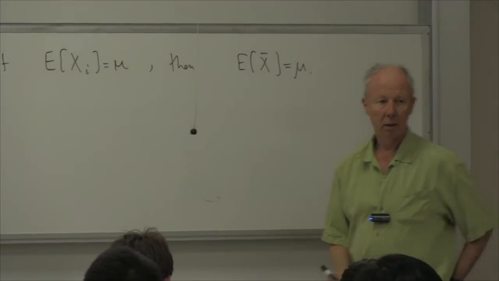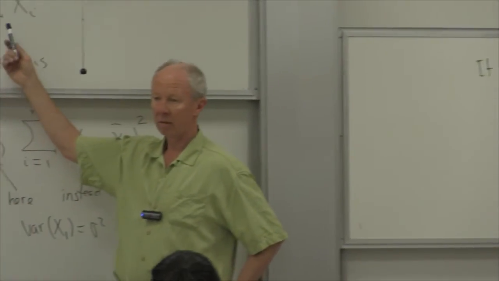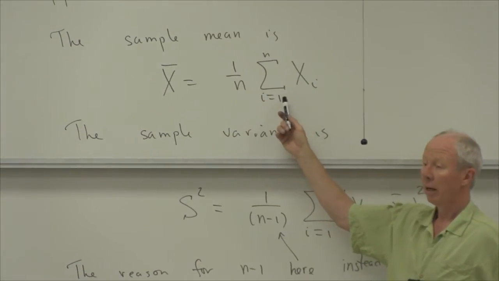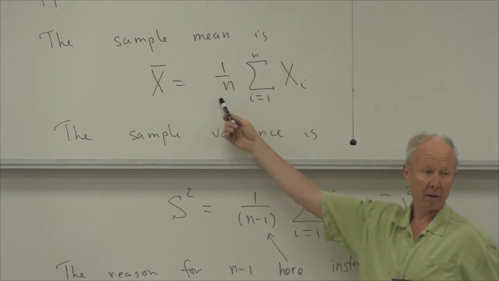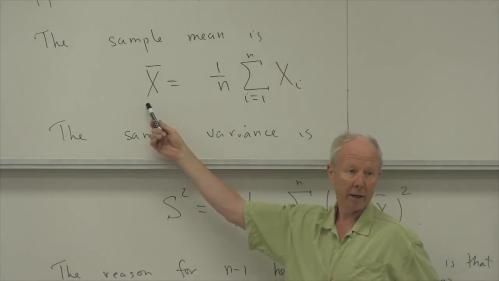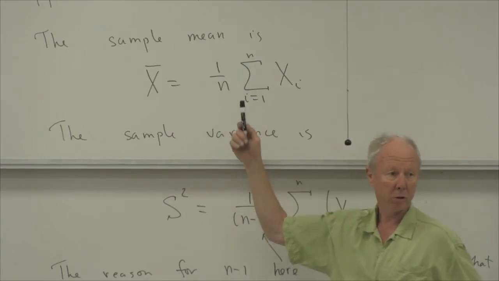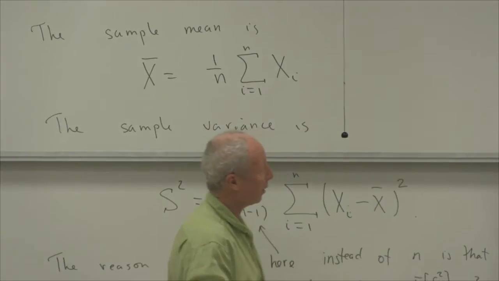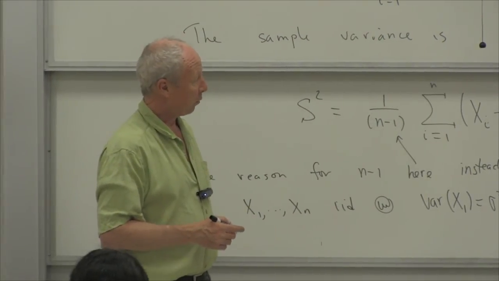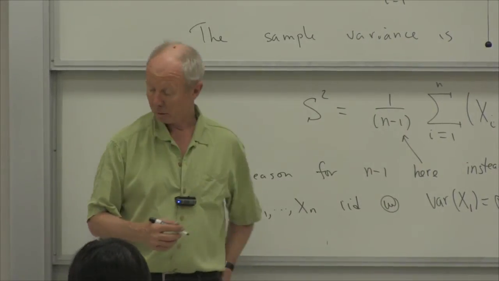Why is that? Well, what's the expected value of a sum of random variables? It's the sum of the expected values. So what would we get here in the sum? We'd get n times mu, but then divide by n, you get mu. Okay? So this is supposed to be an estimator for mu, and when you take the expectation of the randomness, you get mu. So that's called an unbiased estimator. Its expected value is equal to the parameter it's supposed to be estimating.